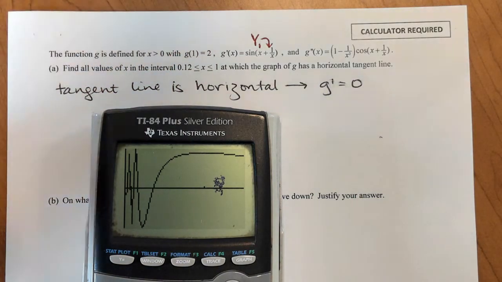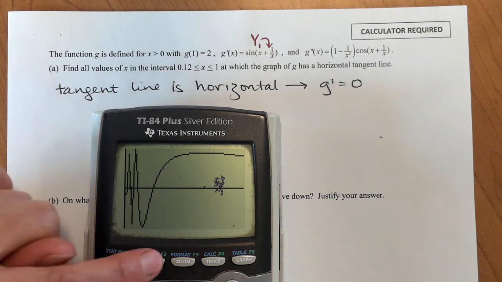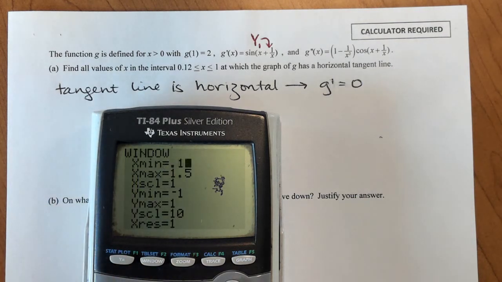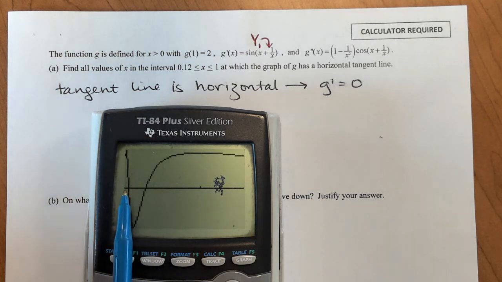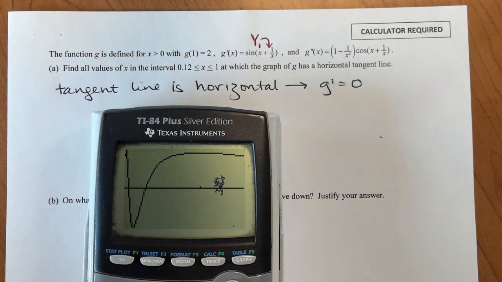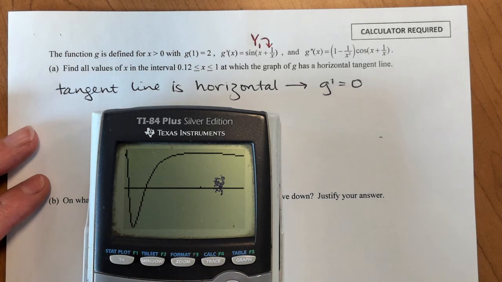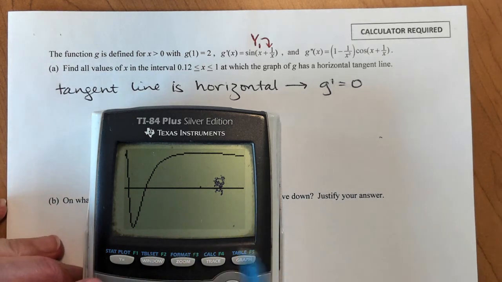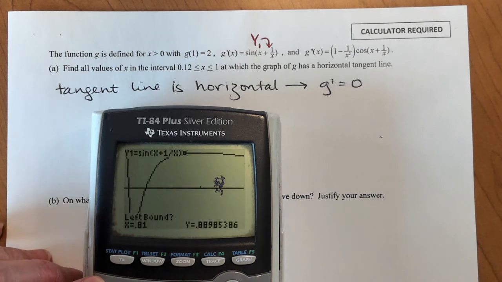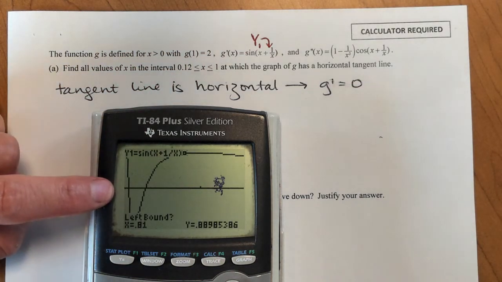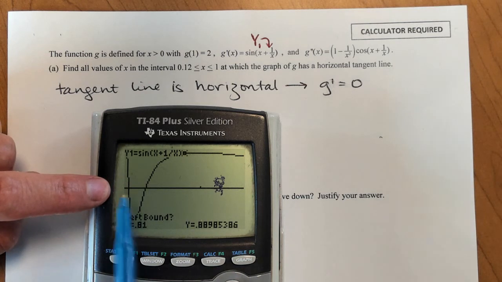So now I'm going to change my window to 0.12. Okay, so you can see that my first one is right there and my second one is right there. Okay, so I'm going to calculate the zeros. Second, calculate number 2, zero. And left bound, right bound, I'm going to call my left bound 0.12.